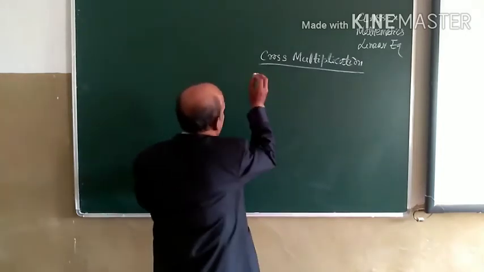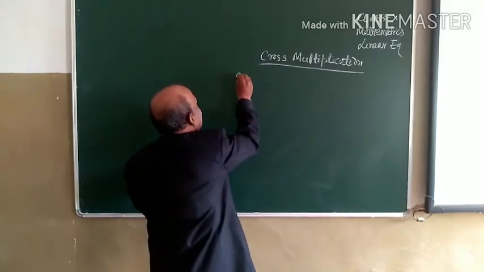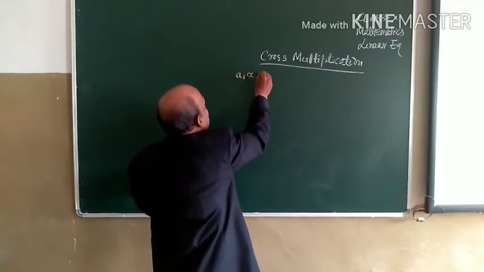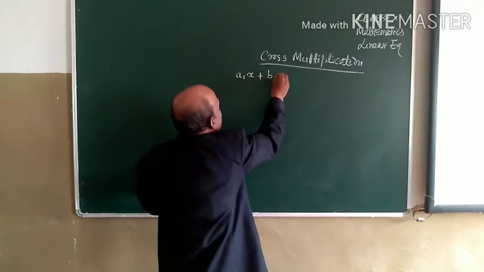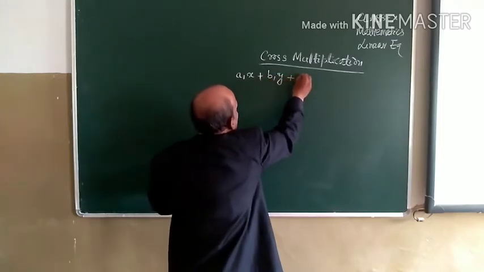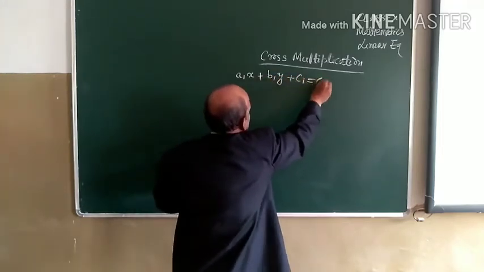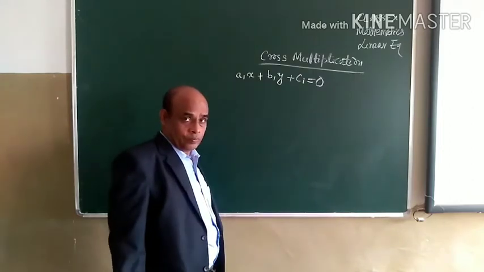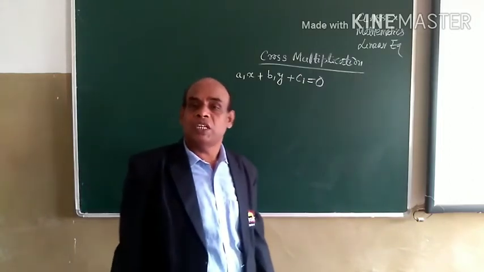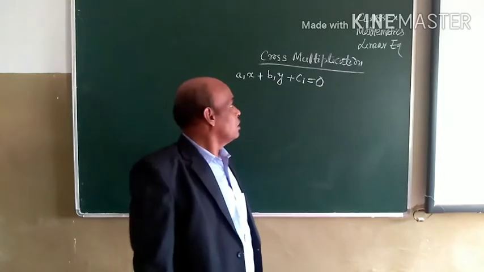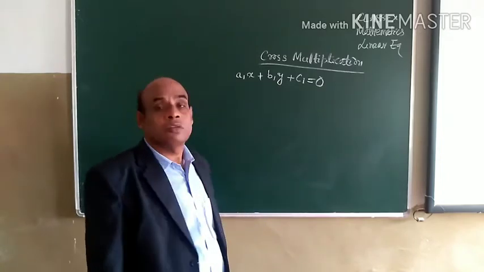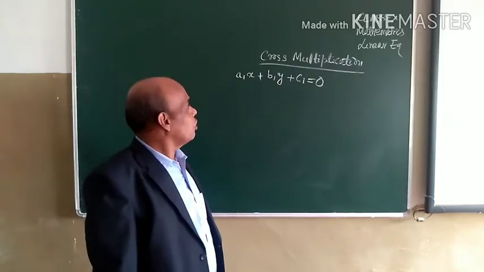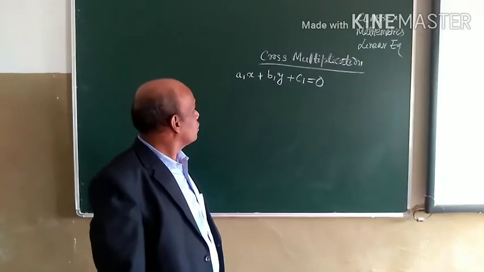Suppose the first linear equation is a1x plus b1y plus c1 is equal to 0. This is called the standard form of the equation.